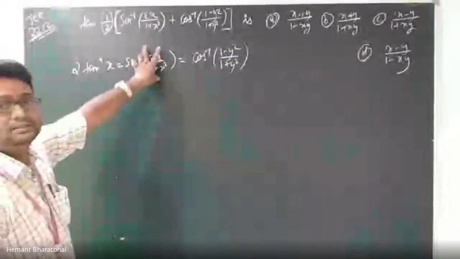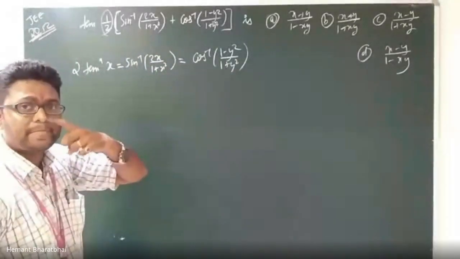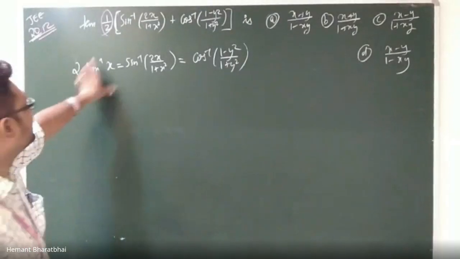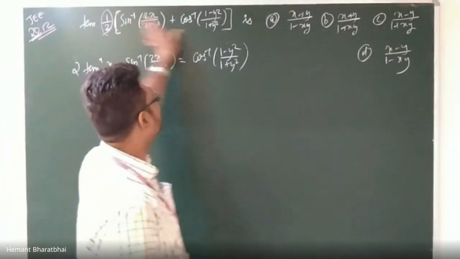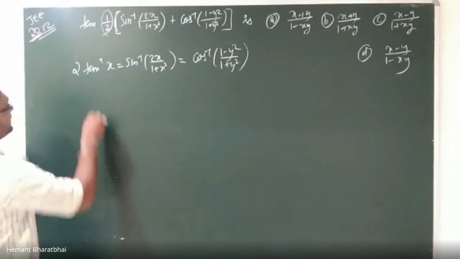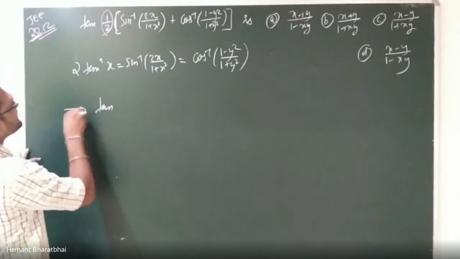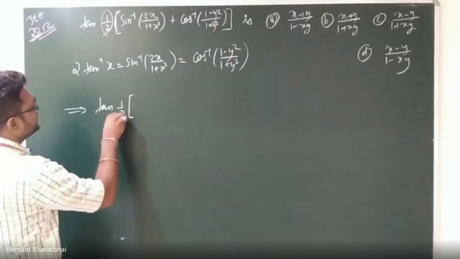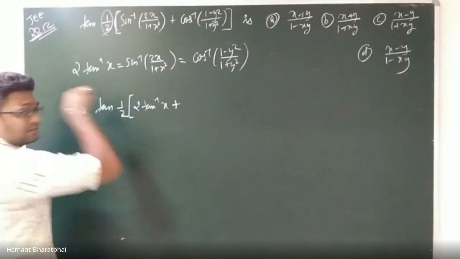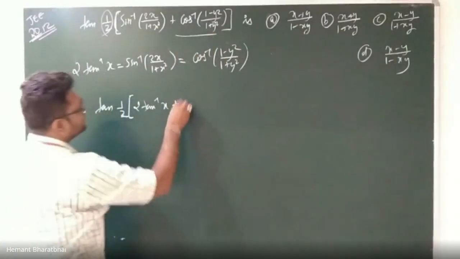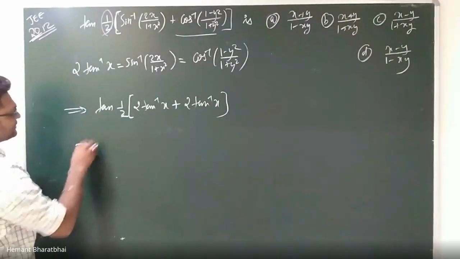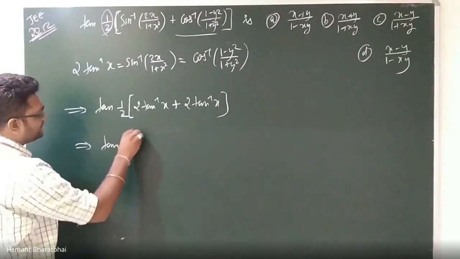So you have this 2x upon 1 plus x square, which is 2 tan inverse of x. So instead of this I can write 2 tan inverse of x, and instead of this also I can write 2 tan inverse of x. Therefore I will get tan of 1 by 2, instead of this I can write 2 tan inverse of x plus, instead of this also, 2 tan inverse of y.